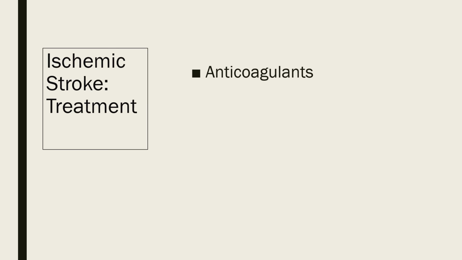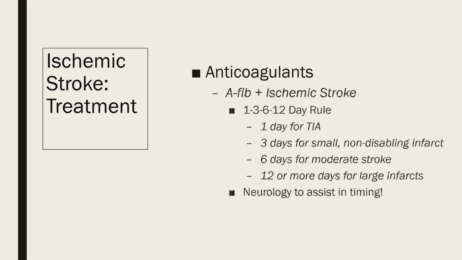So as far as anticoagulants go, timing is everything when initiating anticoagulants in patients found to have a cardioembolic stroke. Parenteral anticoagulants such as heparin or Lovenox used to be utilized all the time. However, they've been proven to cause more harm than good. So typically now with AFib and ischemic stroke, we use the 1-3-6-12-day rule.